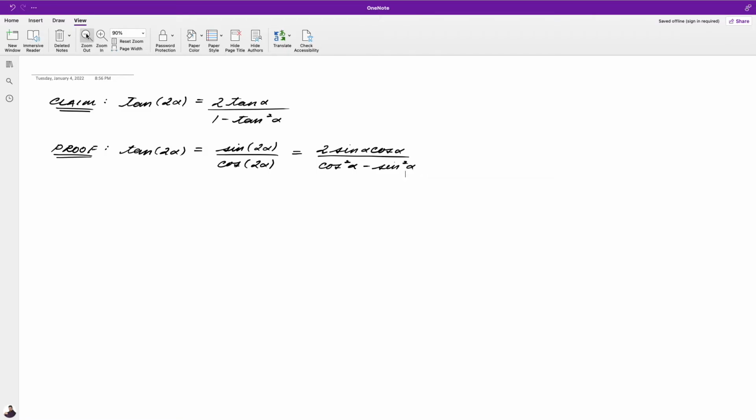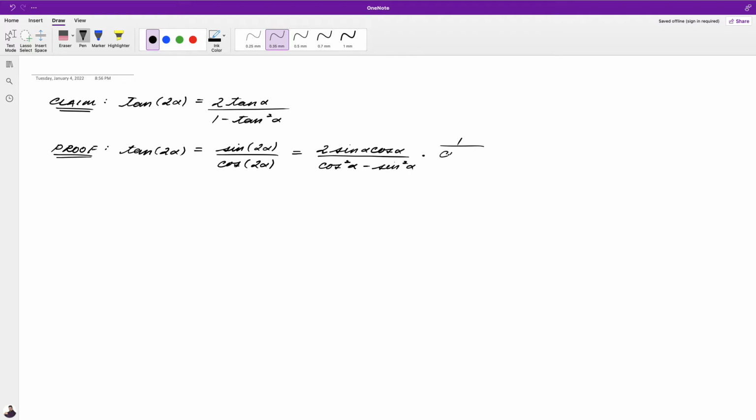Very good. Now, let's go ahead and divide everything through here by cosine squared alpha. So I'm going to multiply the top by 1 over cosine squared alpha and the bottom by 1 over cosine squared alpha.